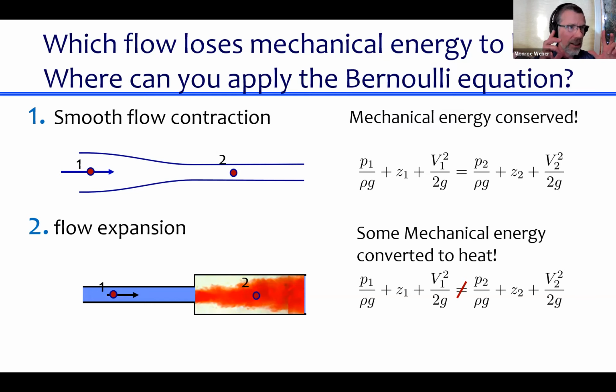Oh, I want to give this conclusion. When there is a flow contraction, Bernoulli equation can be applied to that flow contraction. Whenever there is a flow expansion, Bernoulli equation cannot be applied. Okay, so if the flow is speeding up, mechanical energy is conserved. If the flow is slowing down, mechanical energy is not going to be conserved.